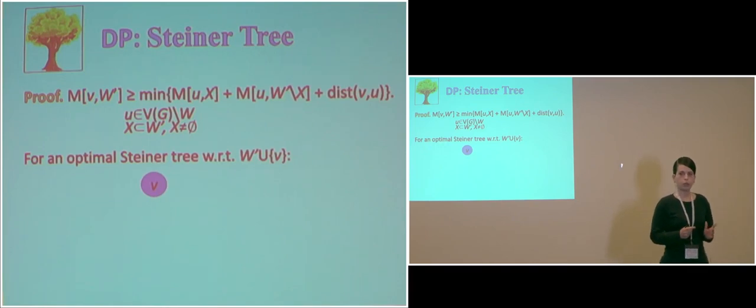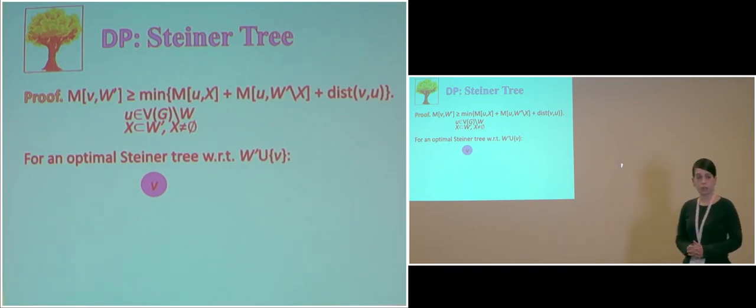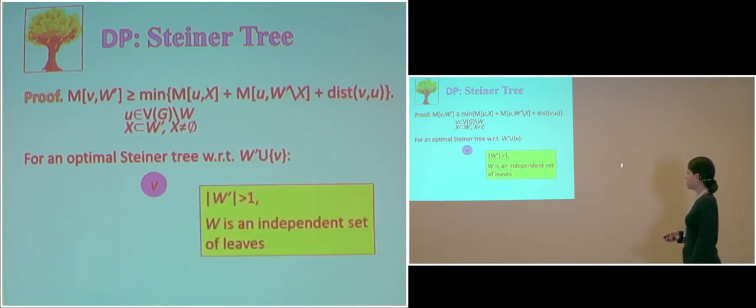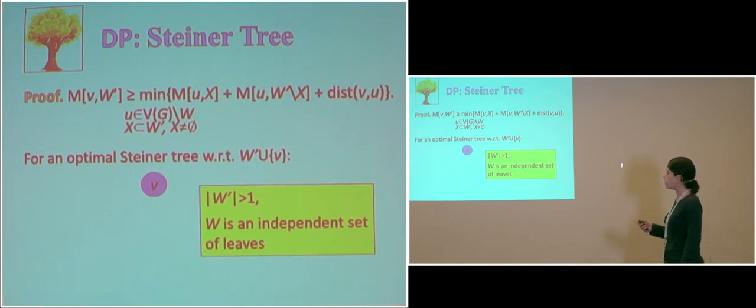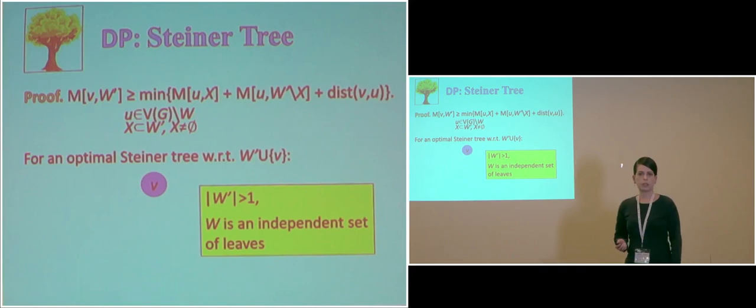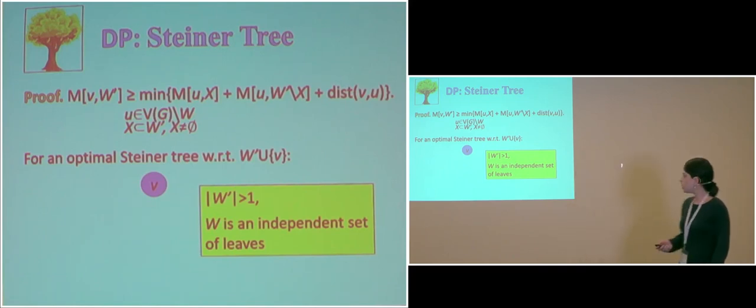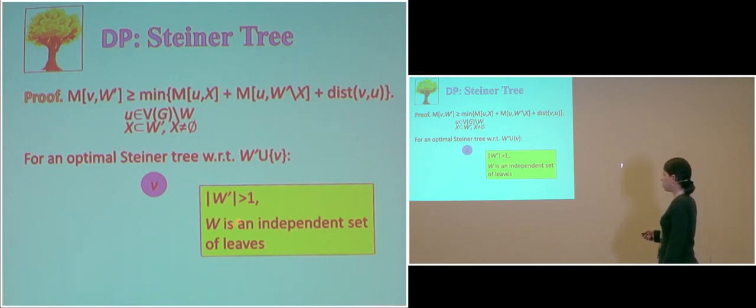So here we are going to use the assumptions that we made in the beginning. Okay? So what assumptions did we make? We said that the size of W prime is at least 1, so it is strictly more than 1. And also we know that W is an independent set of leaves. Okay. So this means that we cannot have a tree that consists just of these terminal vertices W prime.